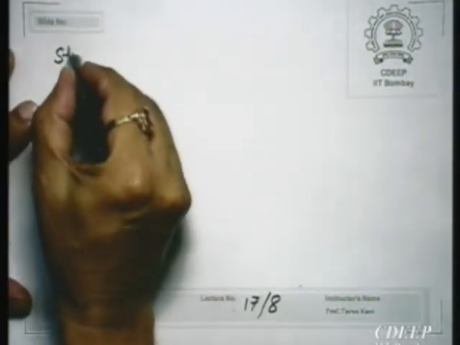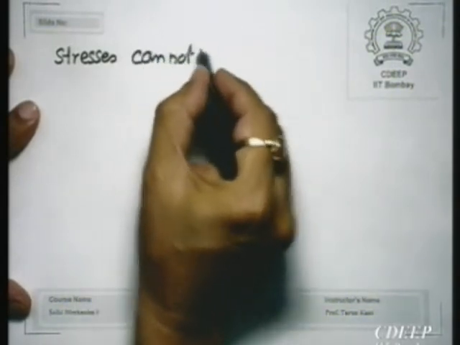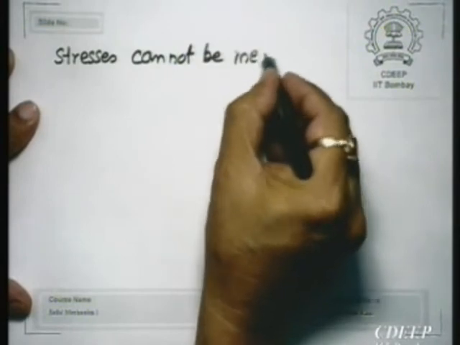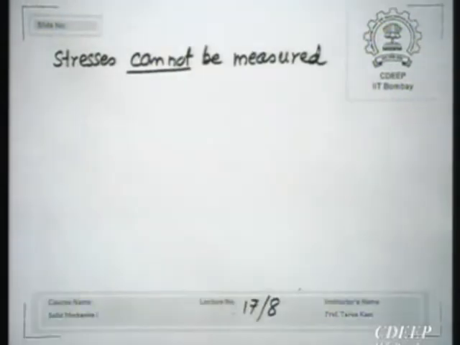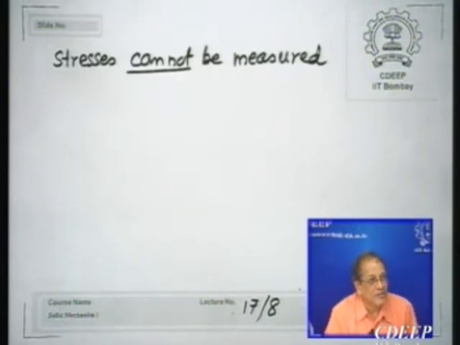So again, stresses cannot be measured. Yes, displacements can be. Based upon the changes in displacement of two points, certain measuring instruments have been developed, and that is called measurement of strain.